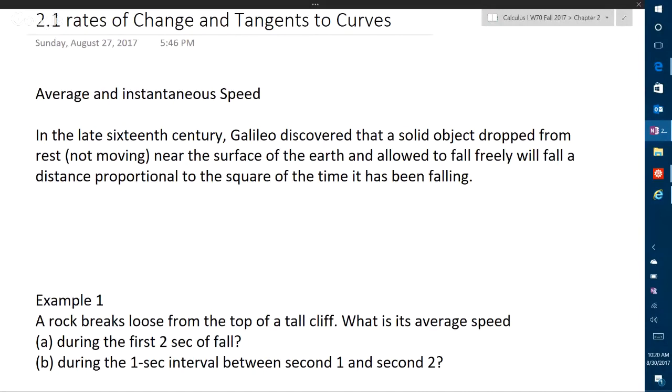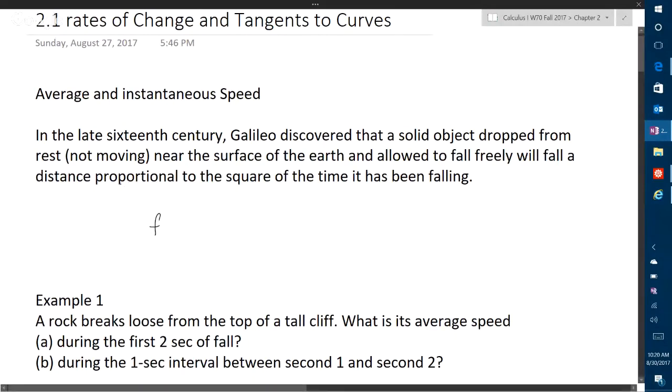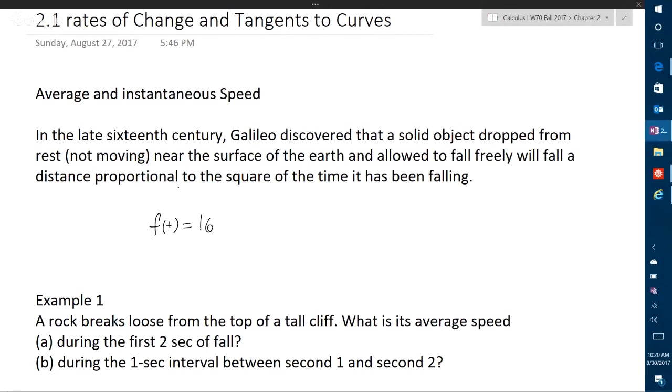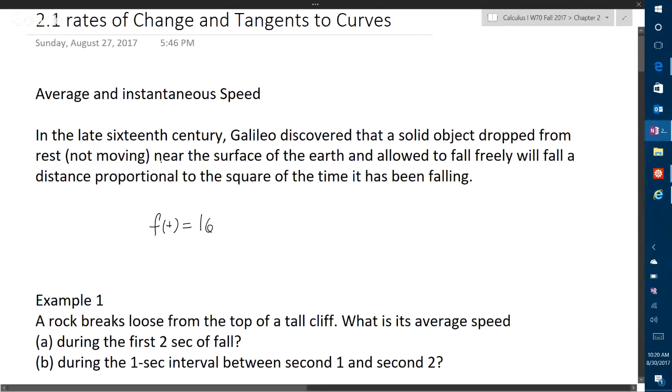We're going to represent this as a function of t, function of time. f of t is equal to, where it says distance proportional, the constant that we'll use is 16. Now it's 16 because this equation is valid for when we're working with feet. So this is in terms of feet.